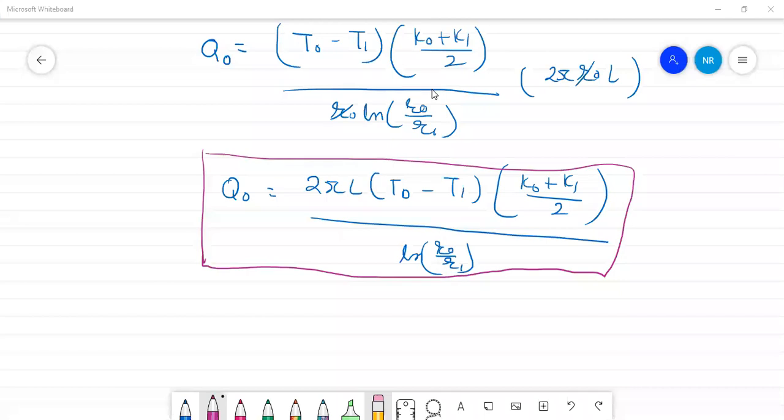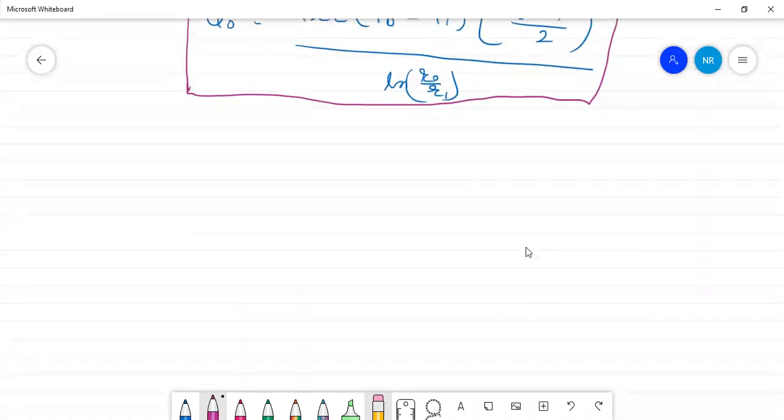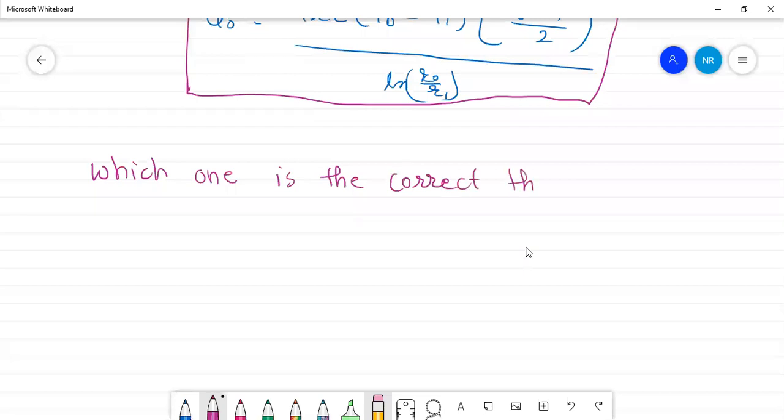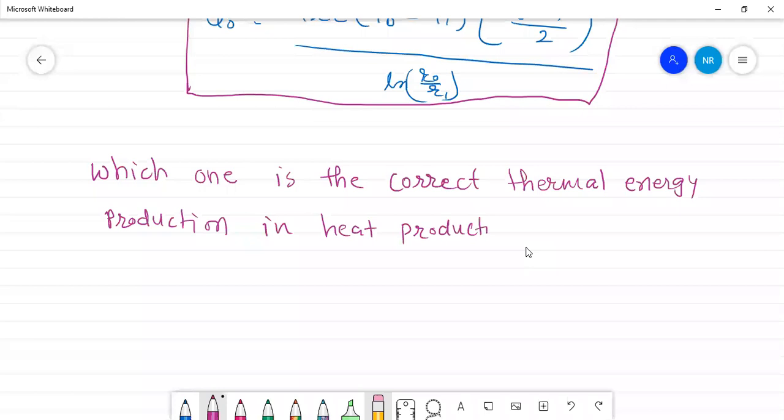Okay, students, so if I ask you, if the questions are like this: which one is the correct thermal energy production in heat production with an electrical heat source?